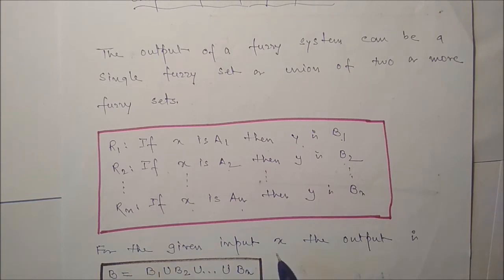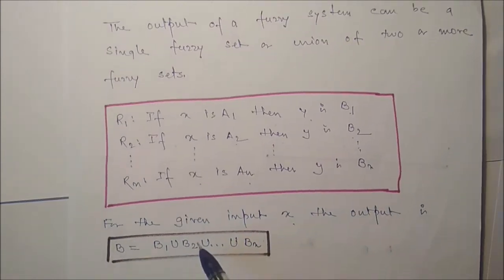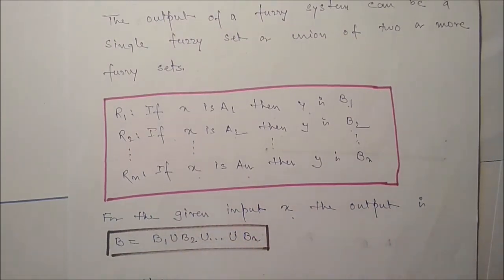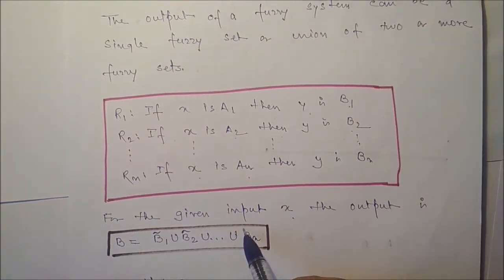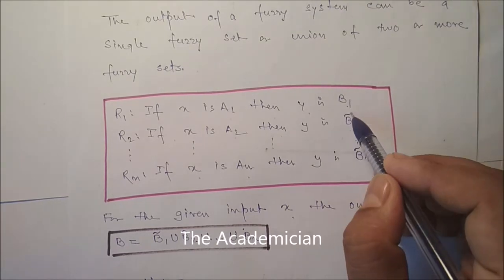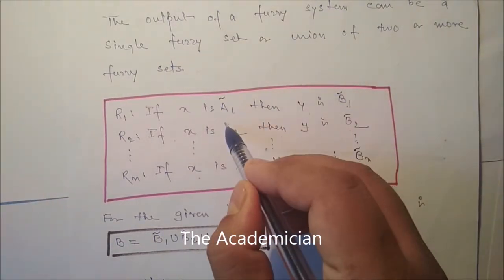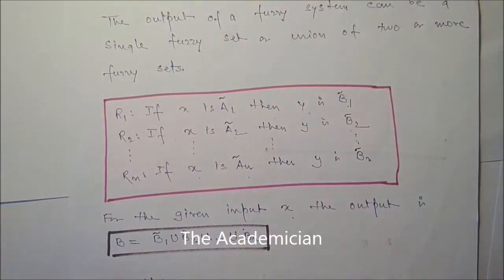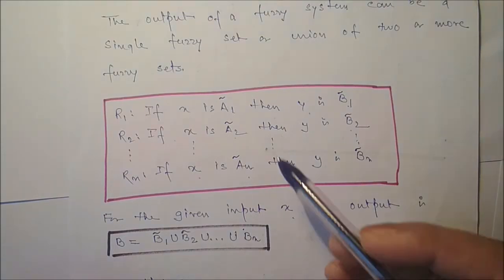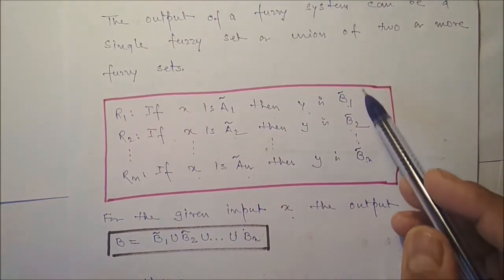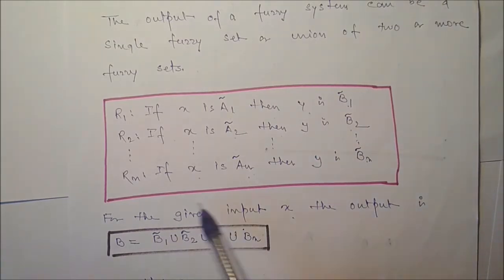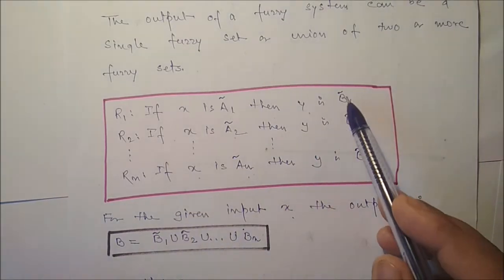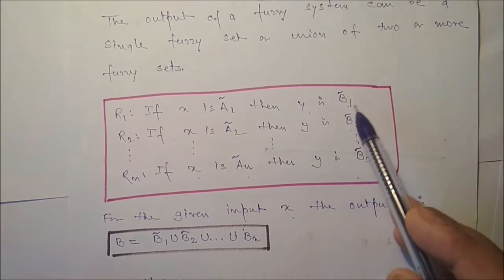So for the given input x, the output is the union of all the outputs. A1, A2 to An, B1, B2 to Bn, all are fuzzy sets. x and y are the generic variables. So the output will be the union of all the rule outputs.